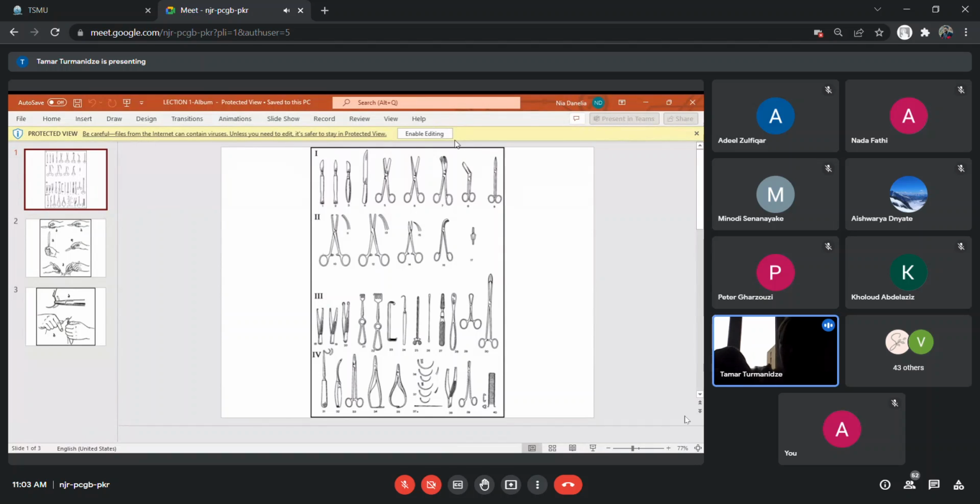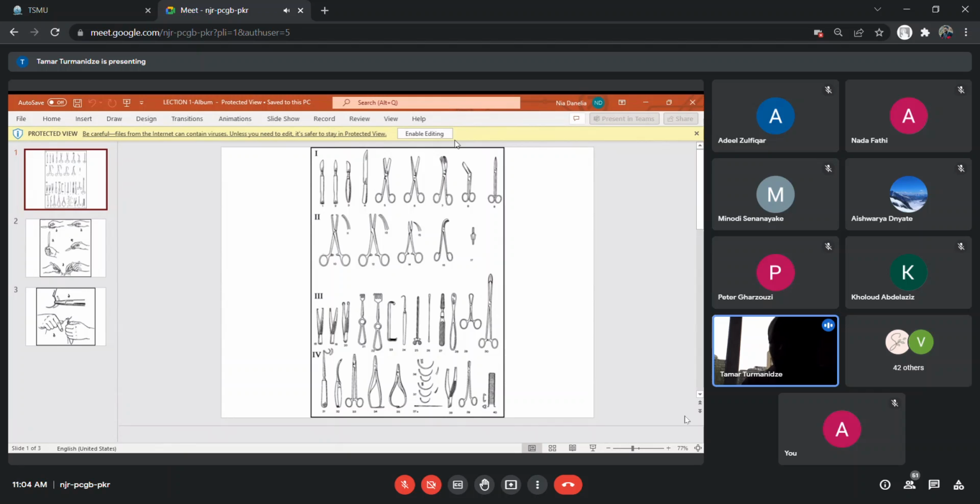The thumb must be placed in one ring, the third finger in the other ring, and the index finger on the lock. And like this, tissues are dissected. So every instrument has its rule for how to handle it in the hand, because the instrument must be located reliably in the hand during the surgical operation.